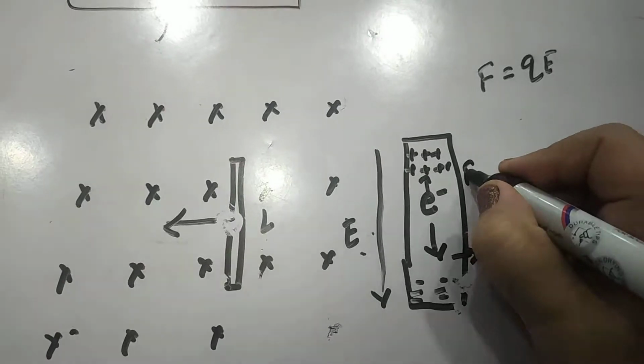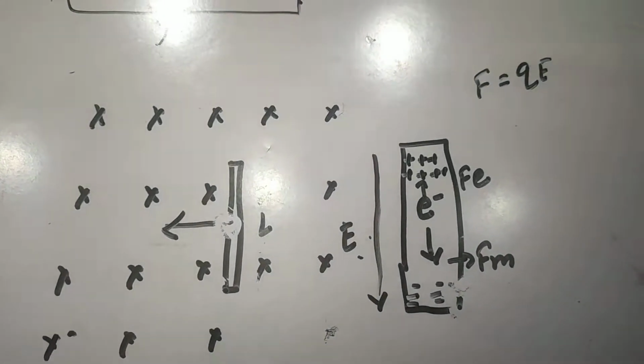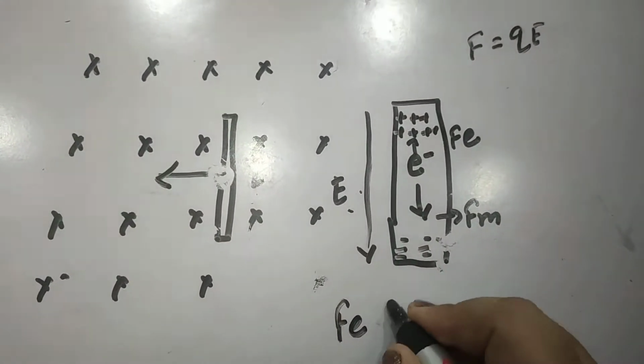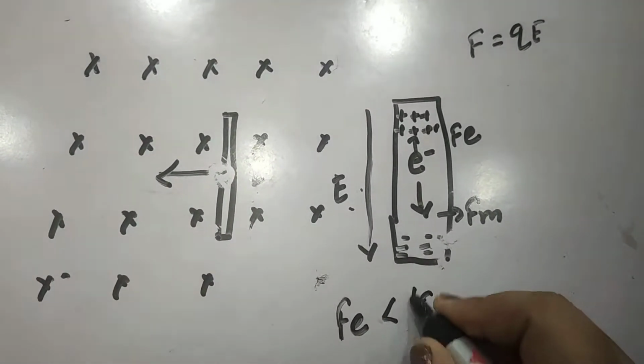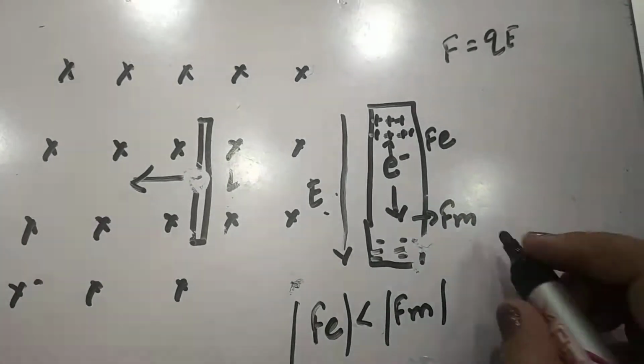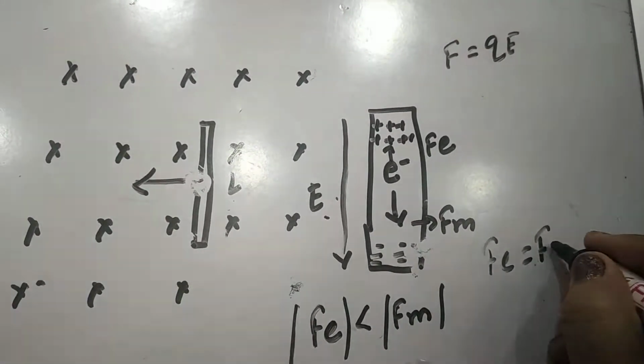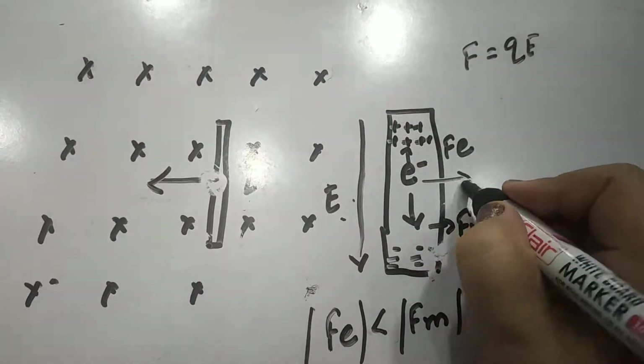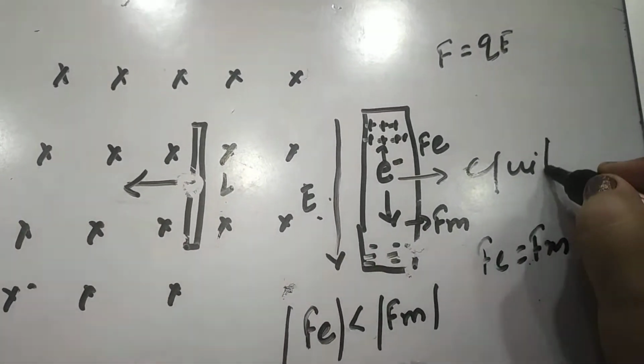So basically at this position the electrostatic force is acting. Initially we can say that Fe is less than Fm, but a stage will reach when Fe is equal to Fm. At that stage, the electron will be in equilibrium.